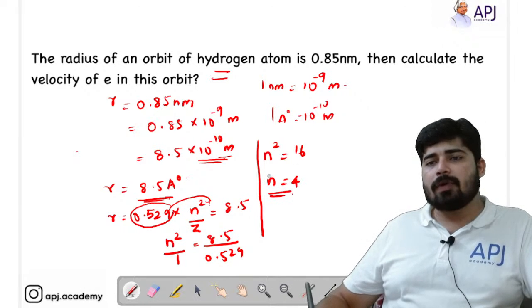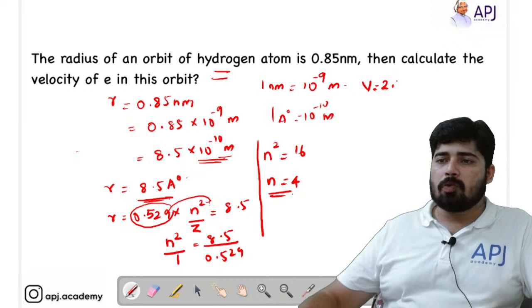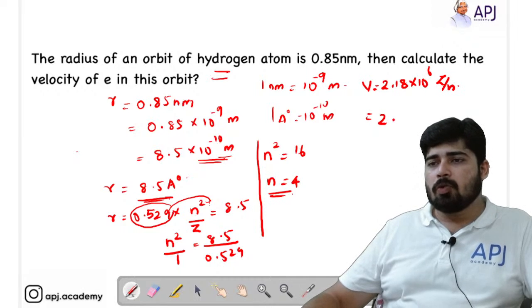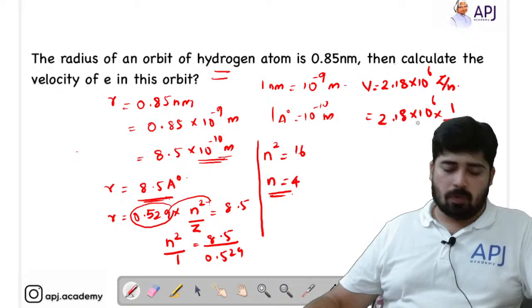Now, we got the number of the orbit. Now, what do you have to find out? You have to find out the velocity. We know that velocity is equal to 2.18 into 10 raised to 6 times z by n. So, substitute the value 2.18 into 10 raised to 6. What is z? Z is 1 for hydrogen and the n value is 4.